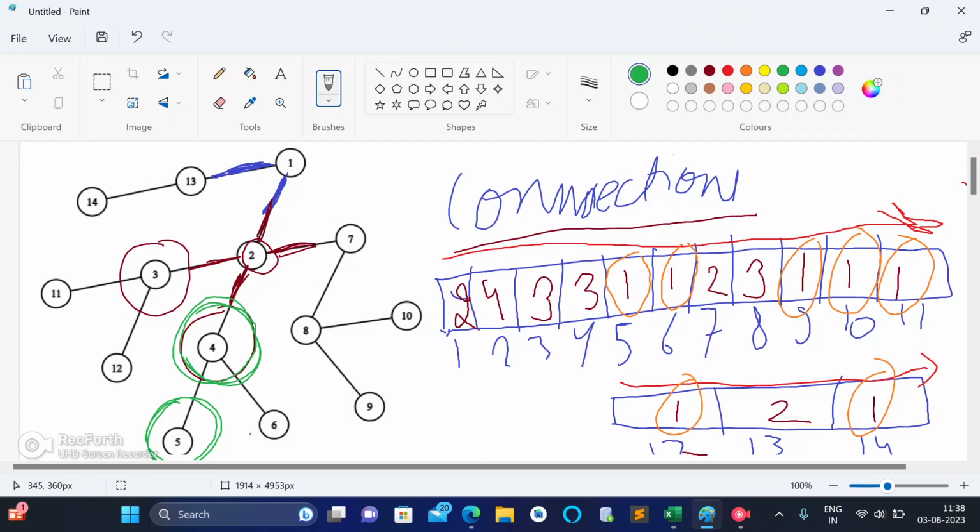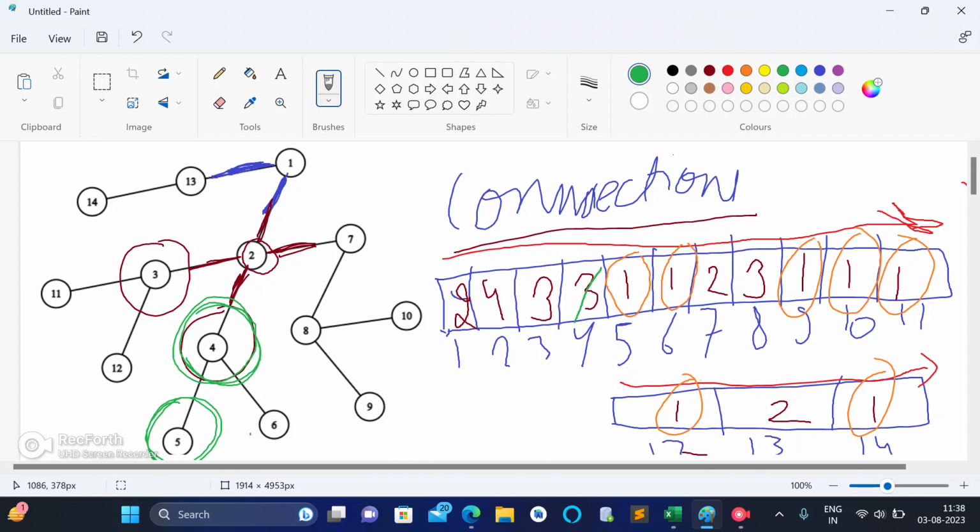So we will traverse the adjacency matrix of 5, and we will find 4. As we are now removing 5, the number of connections of 4 will be reduced by 1.